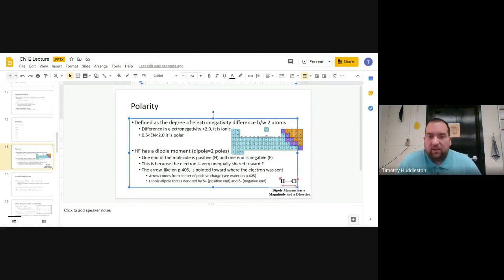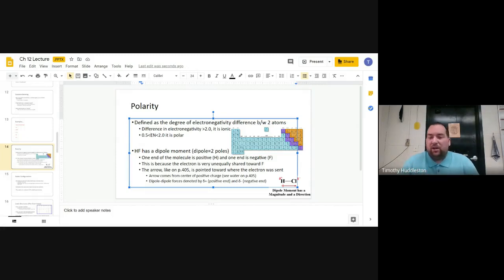By the way, HF has what's called a dipole moment if you're dealing with a polar molecule. Technically you have dipole moments in ionic compounds too, but it's less important because the electrons are not being shared.